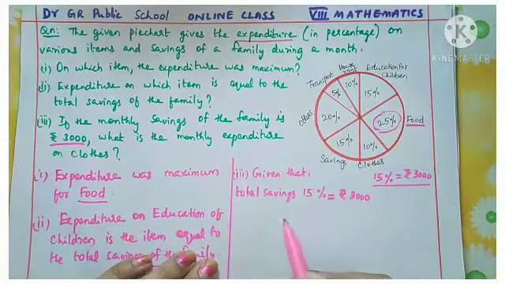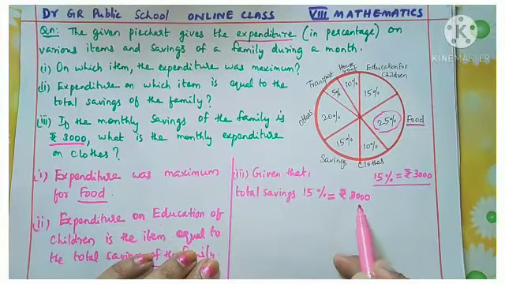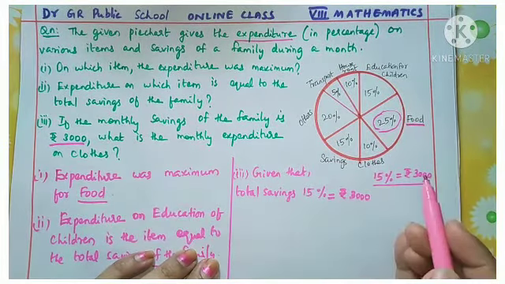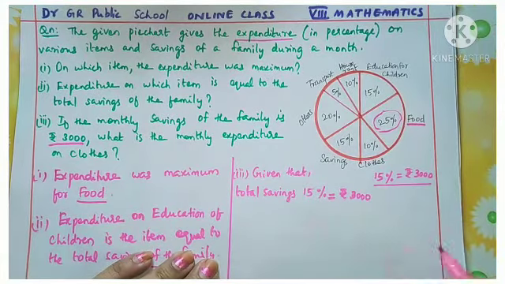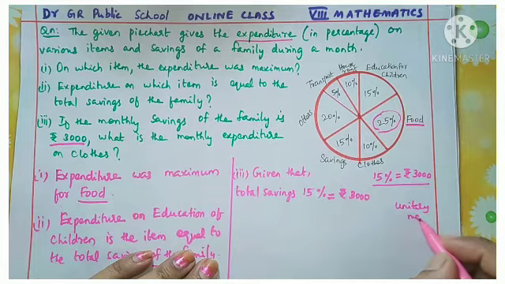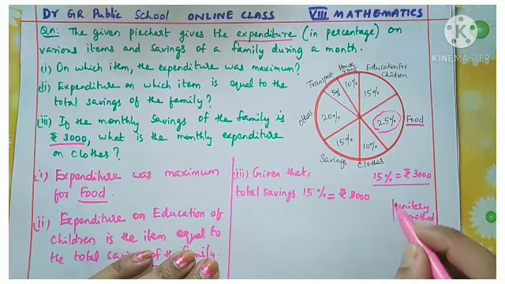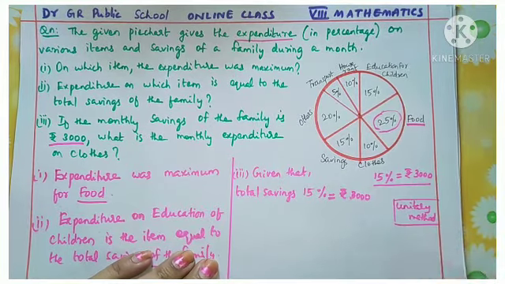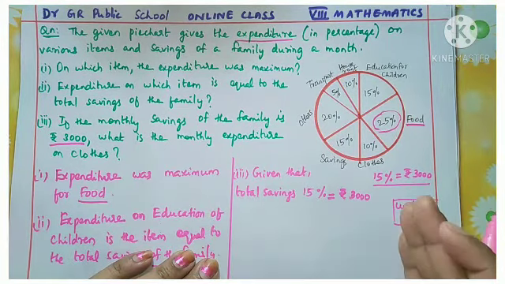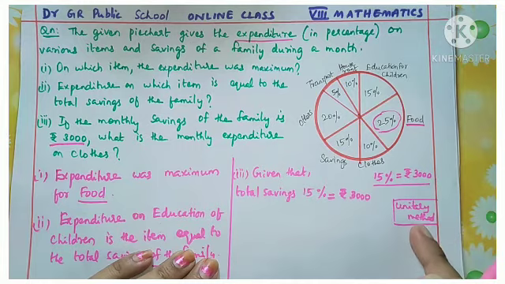Yes, so total savings is 3000 rupees. We need to find out this clothes 10% is how many rupees. So here we are applying the unitary method. You may have studied the unitary method in earlier classes. What is this unitary method? Unitary method means we want to find for one quantity first, then we will calculate for many. That is the unitary method.